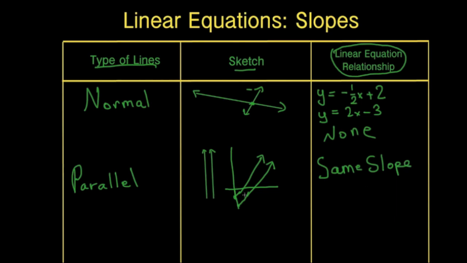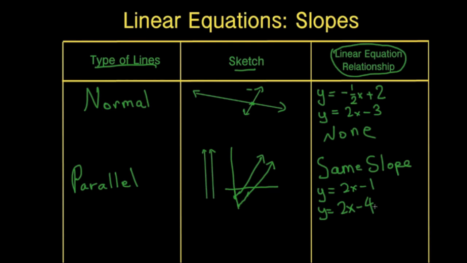They have exactly the same slope here. So this guy may be y is equal to 2x minus 1, and this guy may be y is equal to 2x minus 4. And so here you can see that they have the same slope but different y-intercepts.